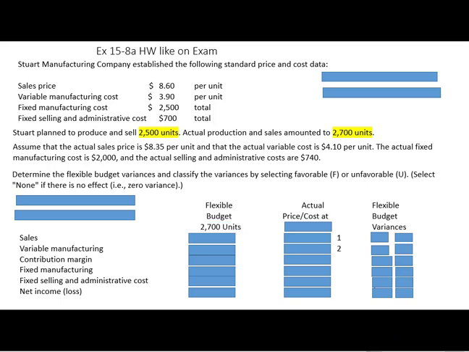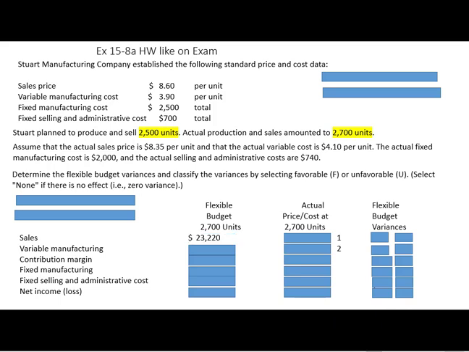So 2,700 units, and then you're going to use that for the actual numbers that you come up with and the flexible budget. And then you're going to compare the flexible budget at 2,700 units to the actual numbers for actual cost. And that difference will be what your budget variances are. And they're going to be either favorable or unfavorable. So let's go to our first line here, which is sales.